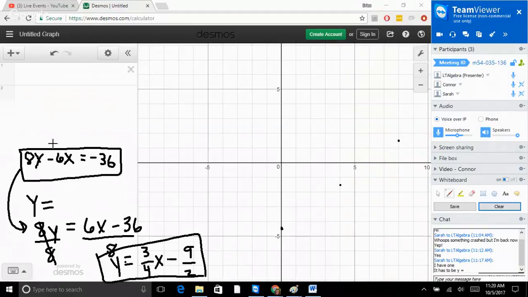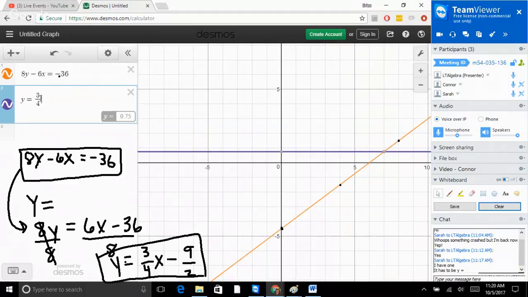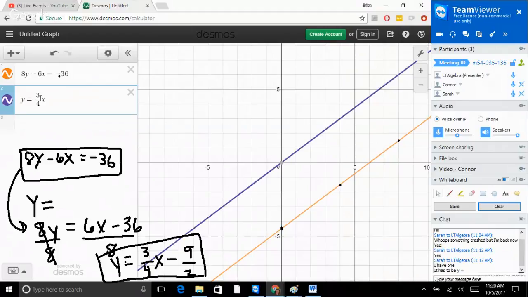So now when I go to graph this, hopefully we did our points right? We have 8y minus 6x equals -36. Whew. And then I always like to double check that I did my math right. 3/4 x minus 9/12.